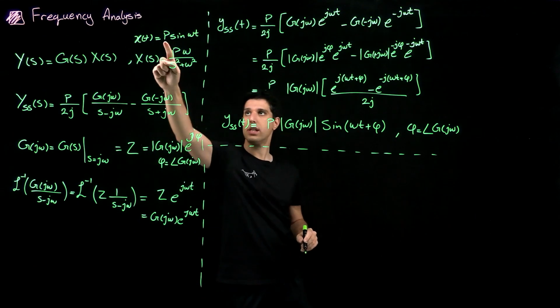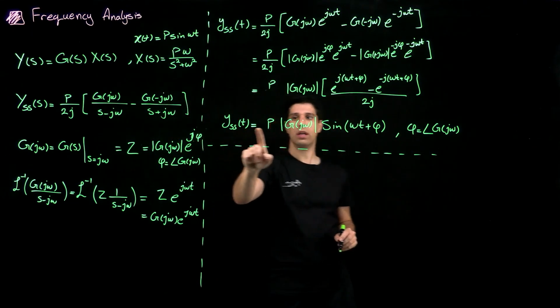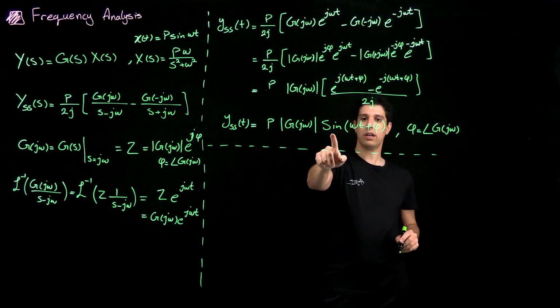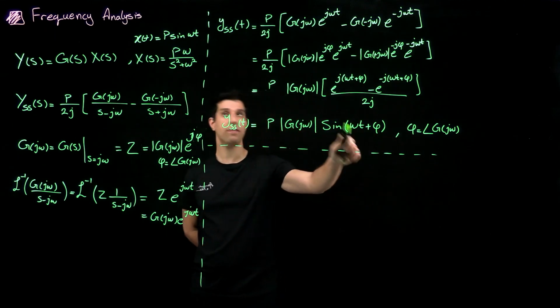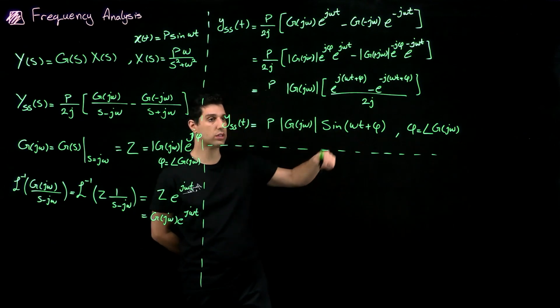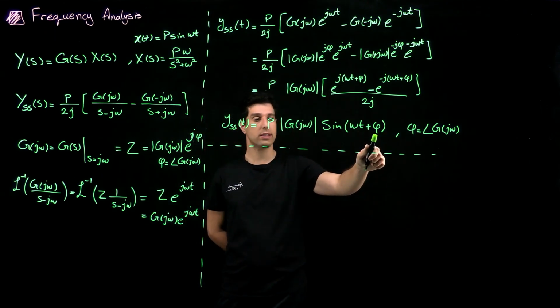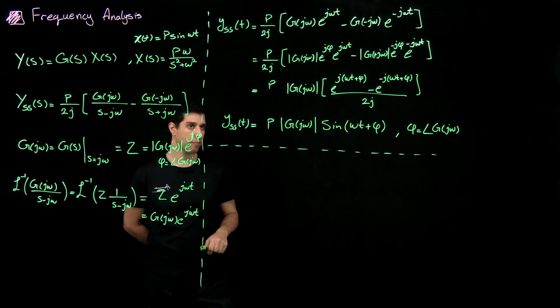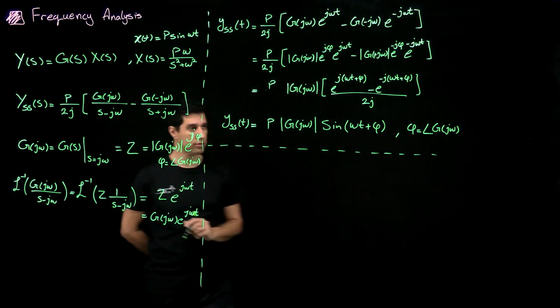I give it this input. The steady state response is again a sinusoid with the same frequency as the input. So the response oscillates with the same frequency, but there is a phase shift, and also there is a change in amplitude.